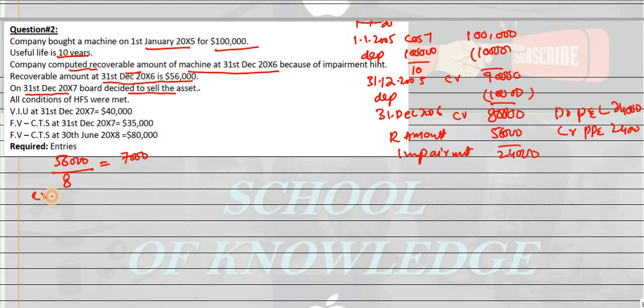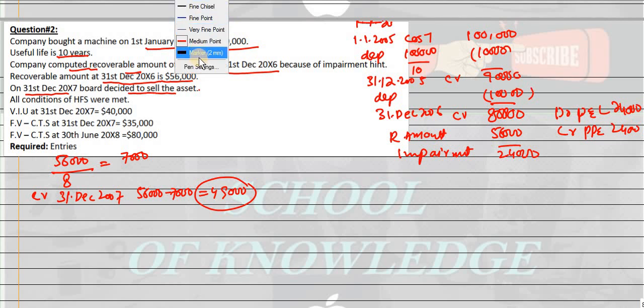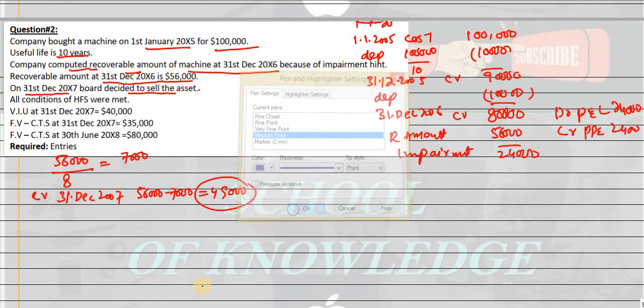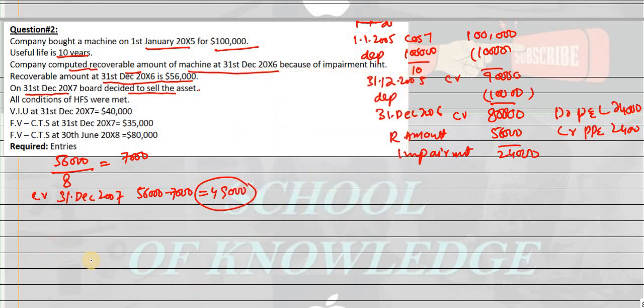So it means that the carrying value on 31st December 2007 will be 56 minus 7, which is 49,000. Now on this date, the board decided to classify the asset as held for sale, and we know that once you are classifying the asset as held for sale, then you have to do before classification impairment testing. Clear?